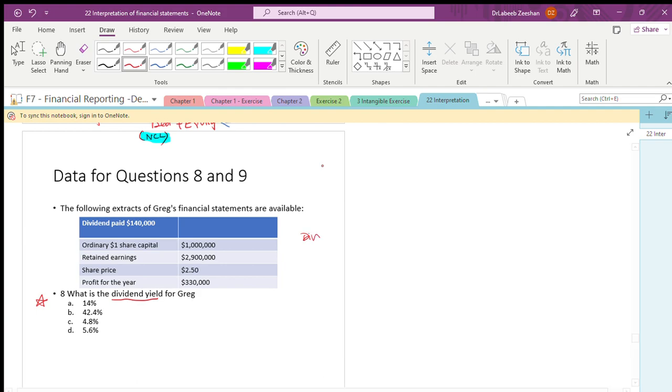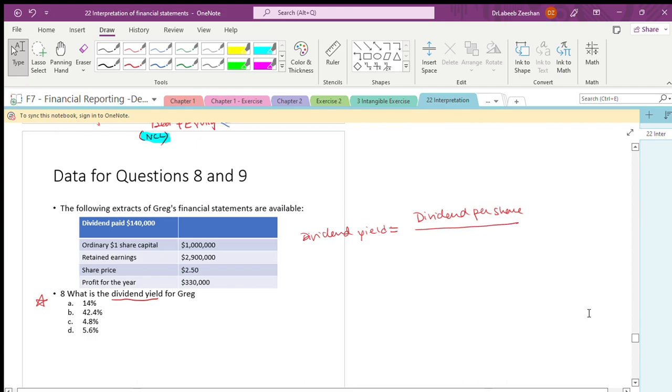Do you have any idea about the formula? Dividend yield is nothing but dividend per share divided by current market price.